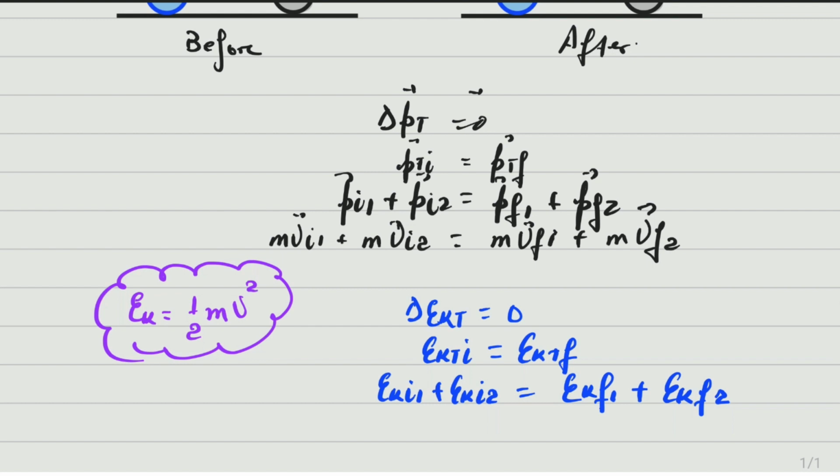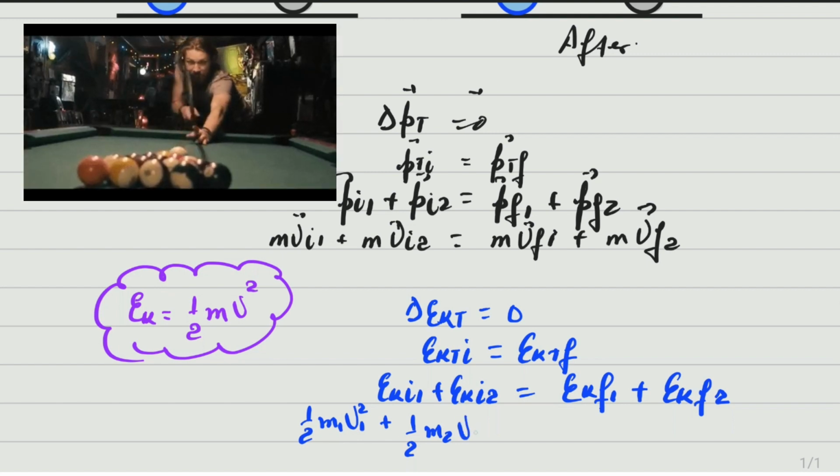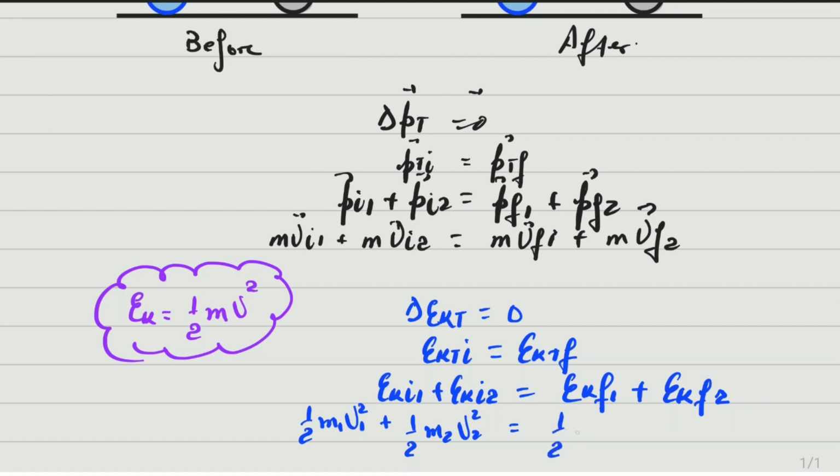Then you can substitute that formula here, and we'll have half multiplied by mass 1 multiplied by speed 1 to the power 2, plus half mass 2 multiplied by the speed of object 2, in this case the second ball, to the power 2, is equal to half mass 1 multiplied by the final speed of object 1 to the power 2, plus half multiplied by mass 2 multiplied by the final speed of object 2 to the power 2.